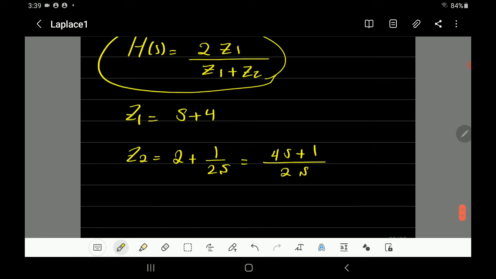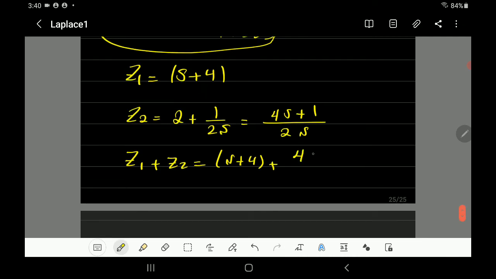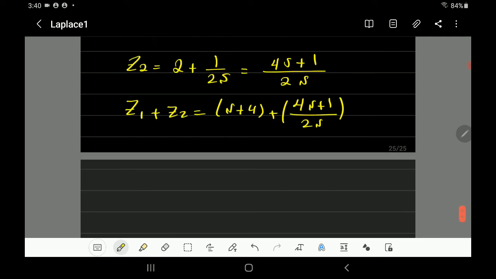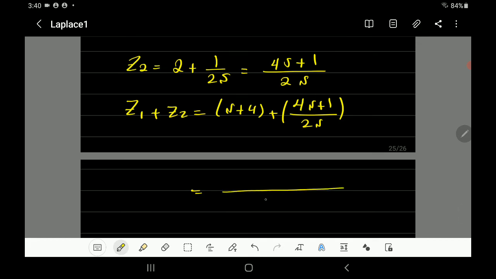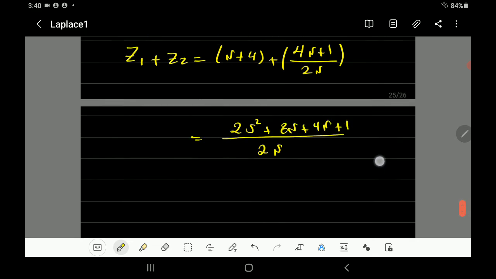So that's Z1 and Z2. If you add Z1 plus Z2, Z1 is s plus 4, and Z2 is equal to 4s plus 1 over 2s. You can simplify that by having a common denominator 2s: multiply 2s by s to get 2s squared, plus 8s plus 4s plus 1.